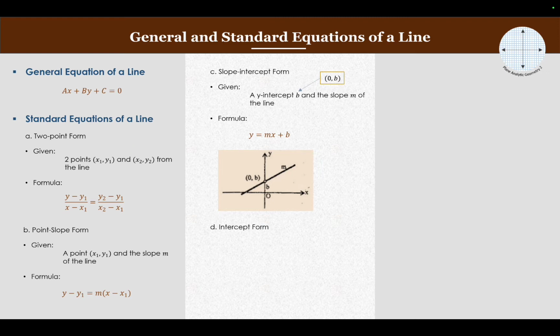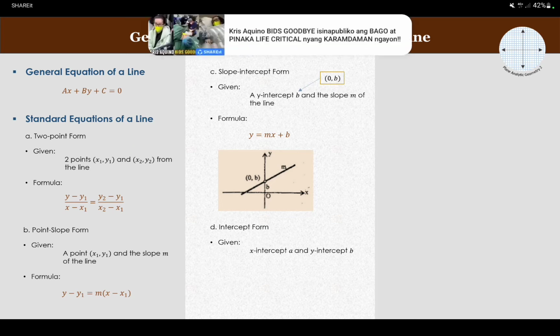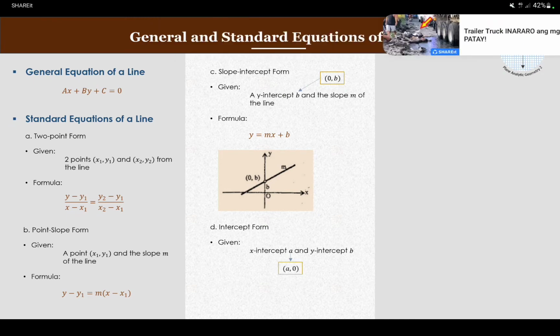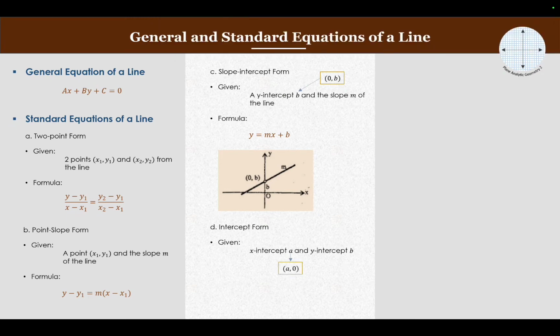The fourth one is the intercept form, in which the given values are the x-intercept a and the y-intercept b. So the x-intercept a is from the point a, 0, and the y-intercept b is from the point 0, b.